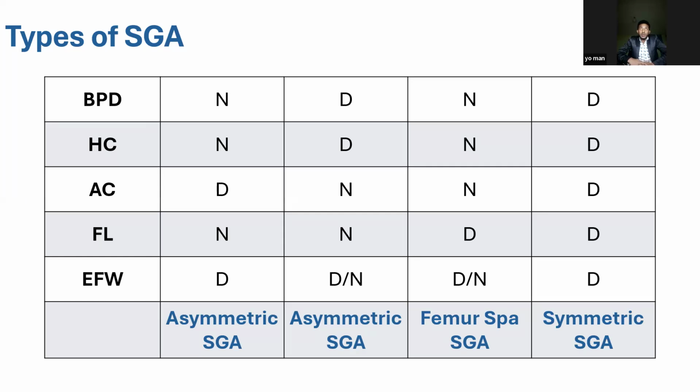So if it is below the 10th percentile and the estimated fetal weight is decreased, it's asymmetric SGA. And we also have to investigate other factors which may decrease that specific head measurement.